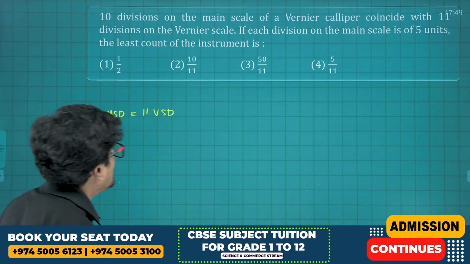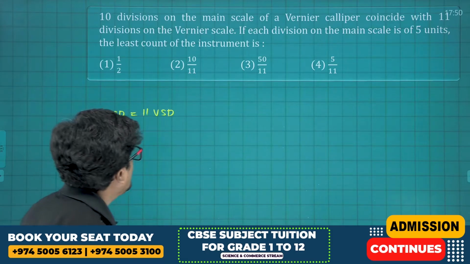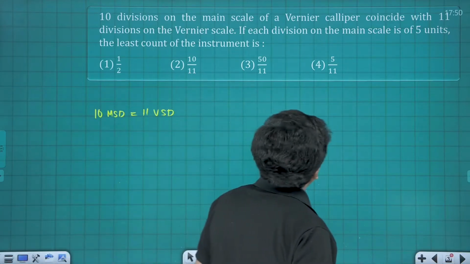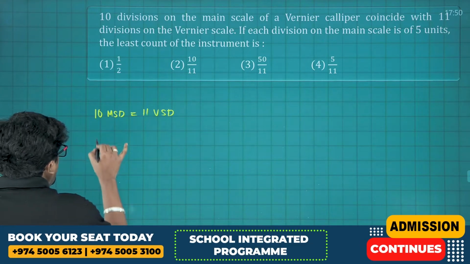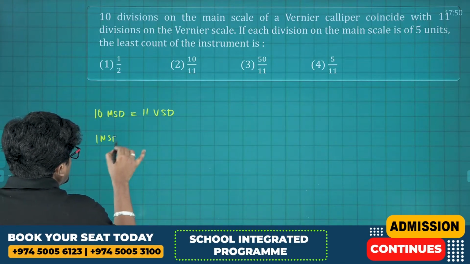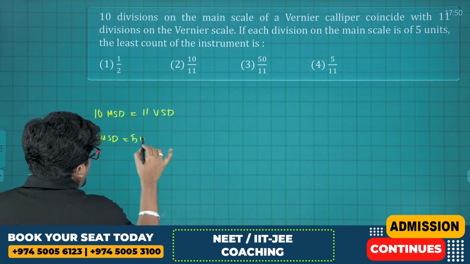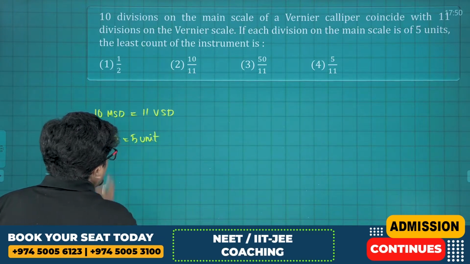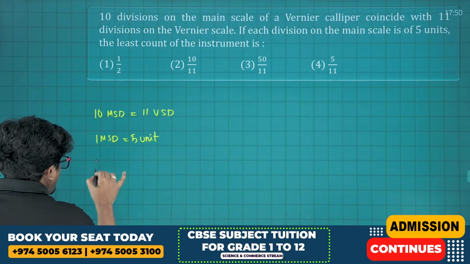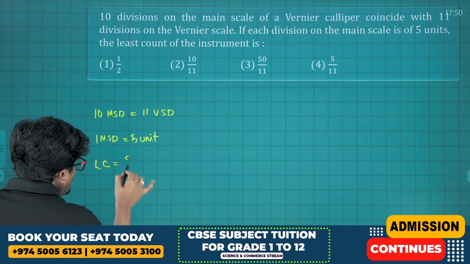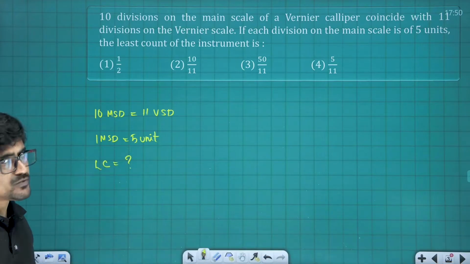This is the information that is given in the very first statement. If each division on main scale is 5 unit, that means if one main scale division is equal to 5 unit, the least count of the instrument is equal to what? That is the question.